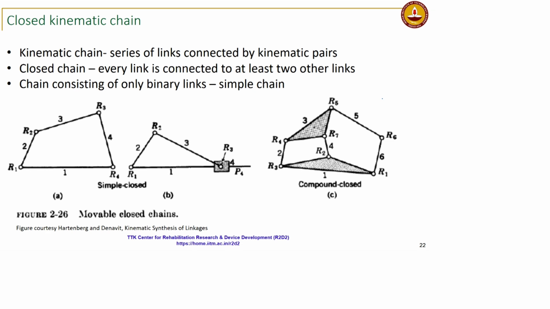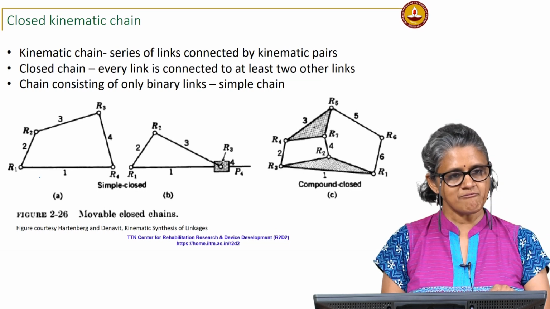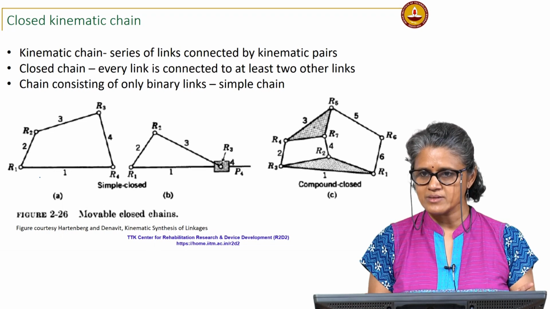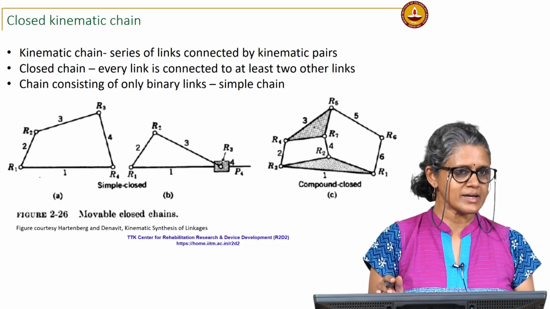Basically, kinematic chains are constructed by connecting links with kinematic pairs, and you could have an open kinematic chain or a closed kinematic chain. In a closed kinematic chain, every link will be connected to at least 2 other links. So, there will be no singular link.